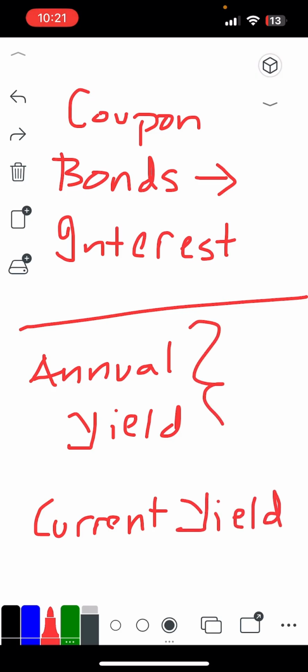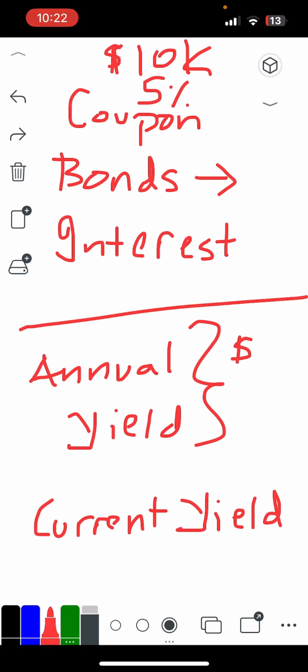Your annual yield has to do with your face value and your coupon rate. Suppose your face value, again, is $10,000, and your coupon rate is 5%. Your annual yield will be $500, 10,000 times 0.05.